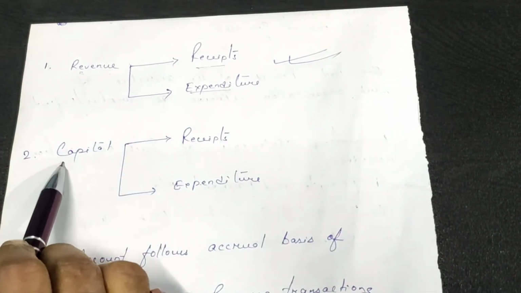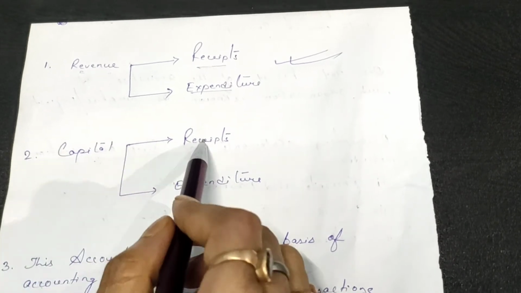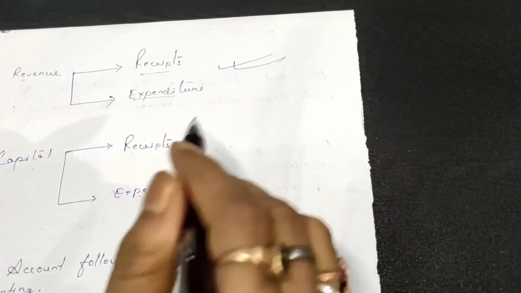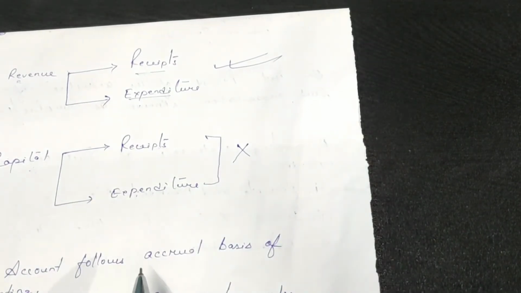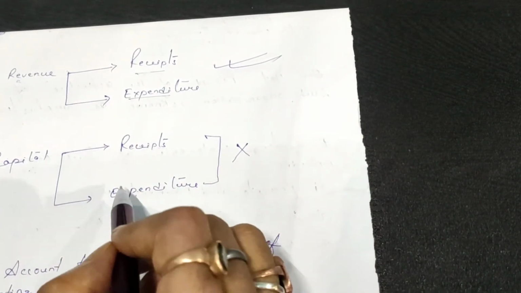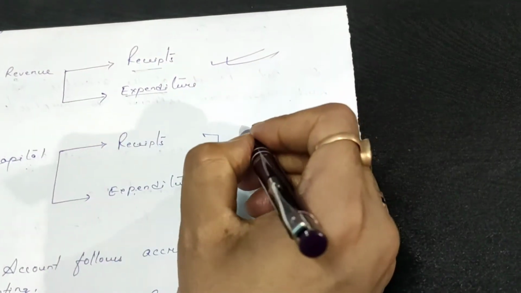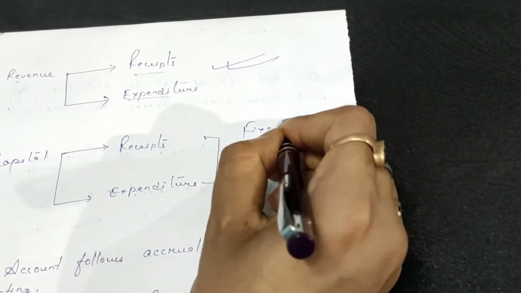Next, you can see here capital. Here also capital receipt and expenditure is given. This will not be recorded in the income and expenditure account. This expenditure and income relates basically to fixed assets.